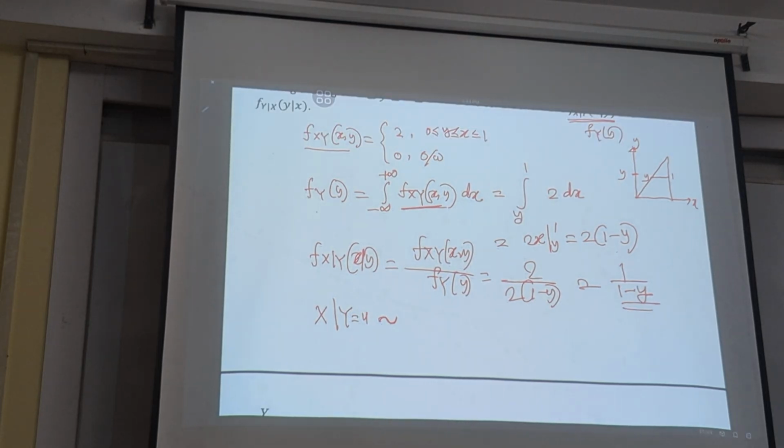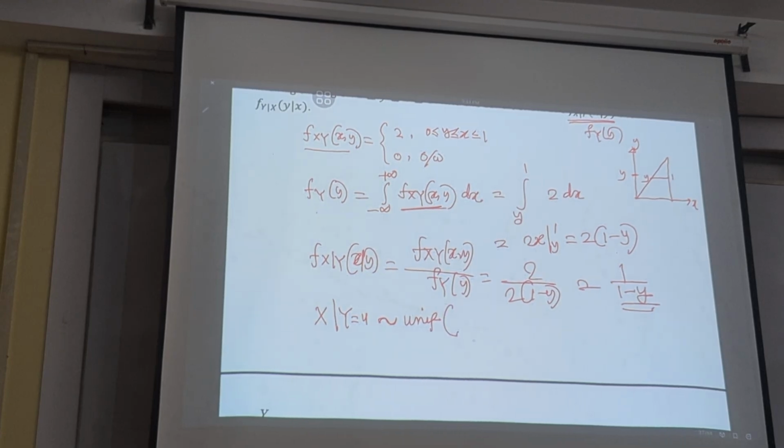Mathematically it is this, right? What type of distribution is it? Exponential? Uniform? Okay, uniform. And what is the range? It goes from y to 1. Because if x is between 0 and 1 and y is here, it is uniformly distributed here.